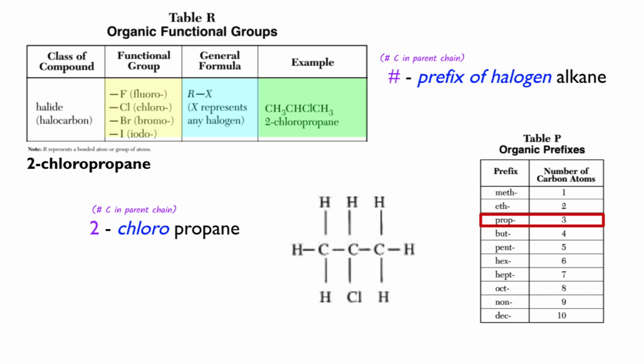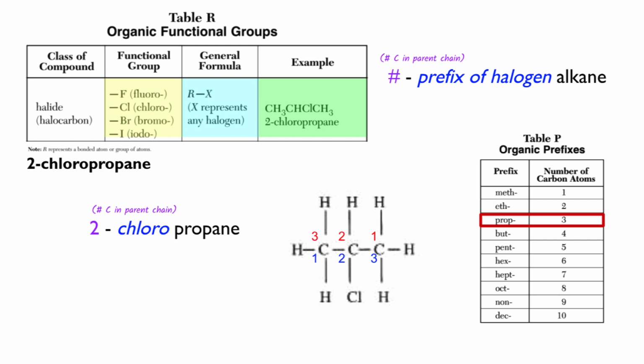So 1, 2, 3 carbons in my parent chain. I'm going to set it up like an alkane, except for that 2 is telling me what number the halogen is coming off of. Now, because it's propane and because it is a symmetrical molecule, I actually can number it either way, left to right or right to left, and I will still end up with the same structure because no matter what, the carbon in the middle is going to be carbon number 2.